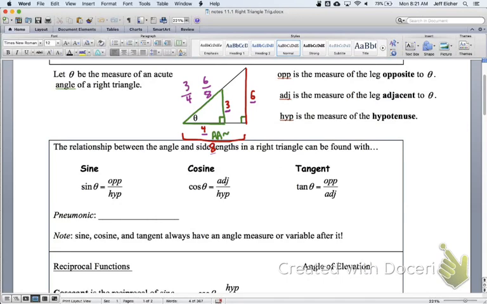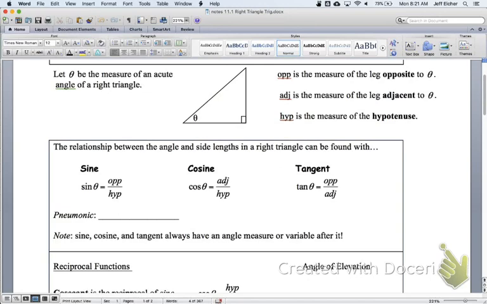We can use those ratios to determine what the actual value or measure of the angle is, what theta equals. And to do that, we use what are called trig ratios. So we have the sine ratio, sine, S-I-N-E.